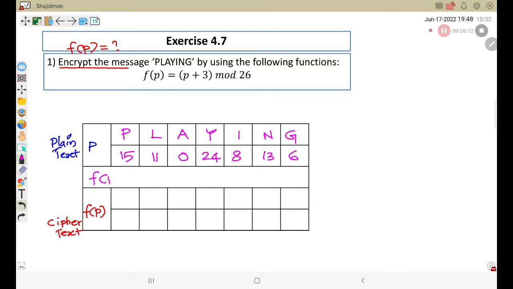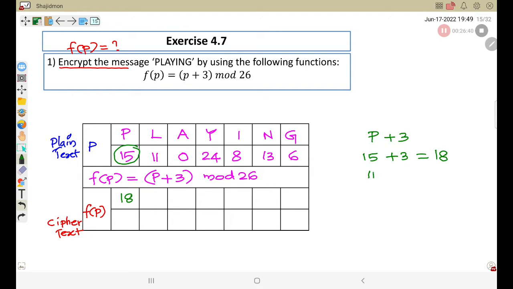F of p equals p plus 3 mod 26. So this is the transformation, p plus 3. The first plain text number is 15, so 15 plus 3 is 18.